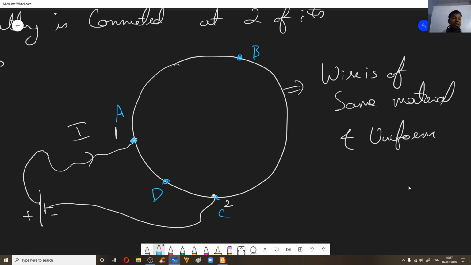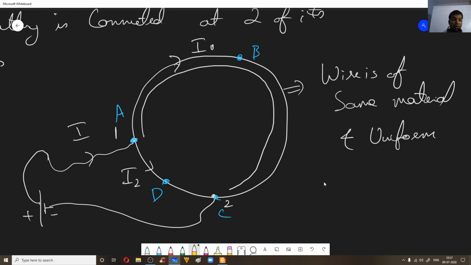Now you will see this current I will split into two parts. I1 will flow through ABC this way, and I2 will flow through ADC. I1 goes like this, it covers this path, and I2 covers this path.